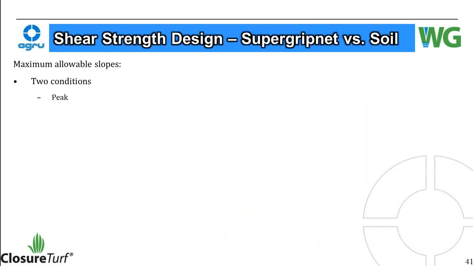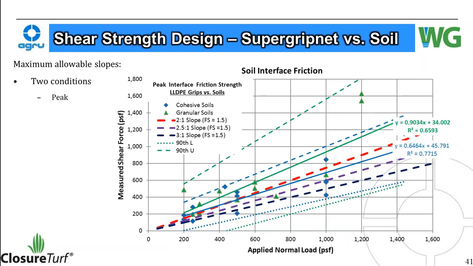For supergrip net versus soil, again, we've got two conditions. Peak, this is a very complicated chart, but again, we got the 2-to-1, 2.5, 3-to-1 slope curves here. And then green represents the interface shear strength of the grip side of supergrip net versus granular soils.